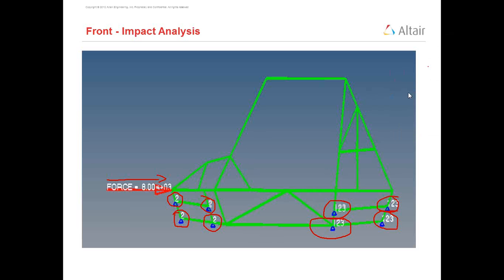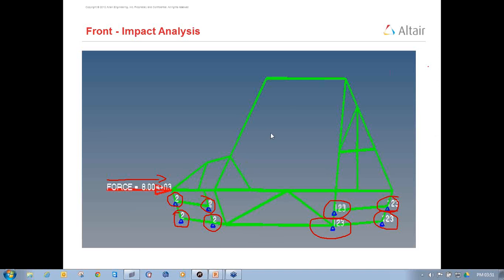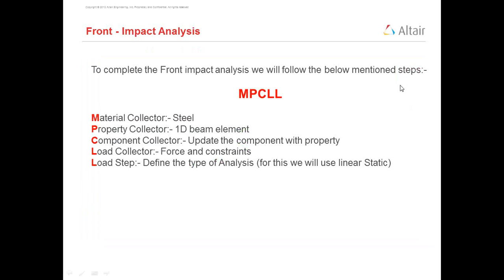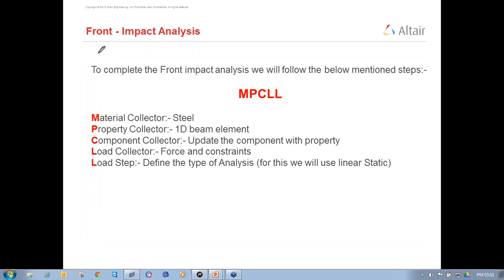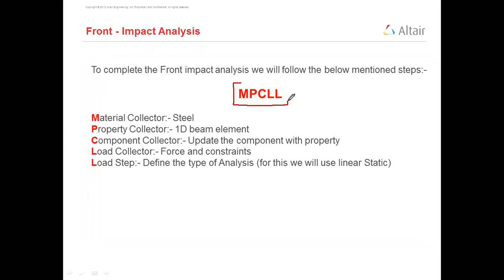The process which I am going to follow for the roll cage analysis will be MPCLL, where M stands for material collector. So I will create a material as steel. Then property collector, I will create the property for 1D beam element, because I am going to simulate this problem using 1D elements.